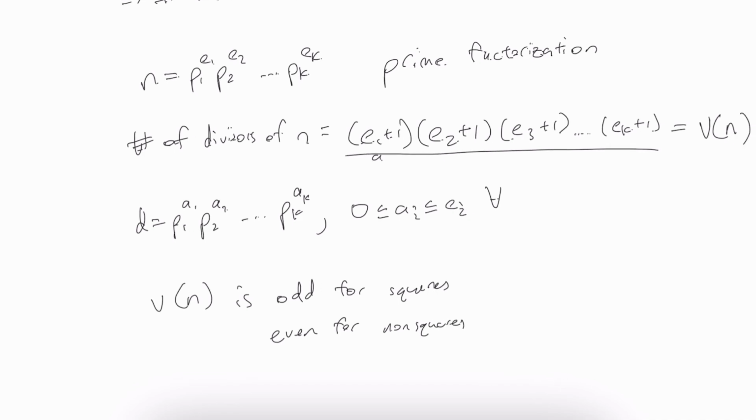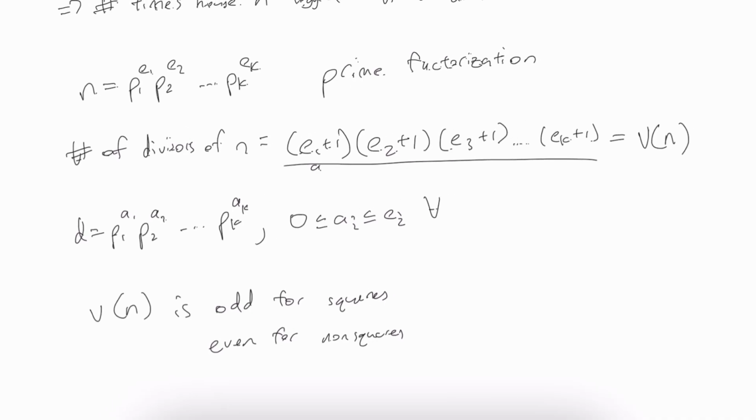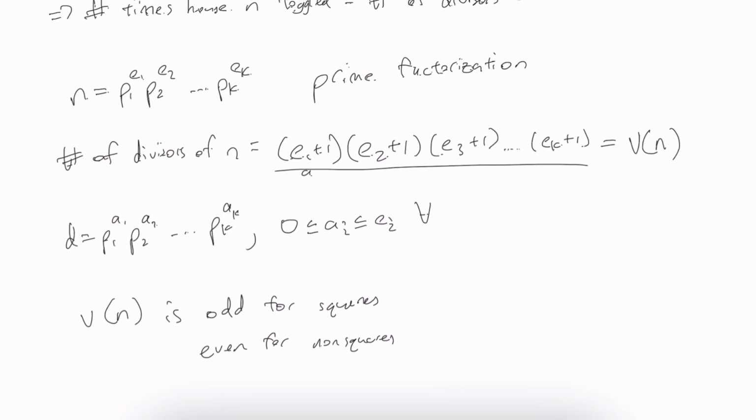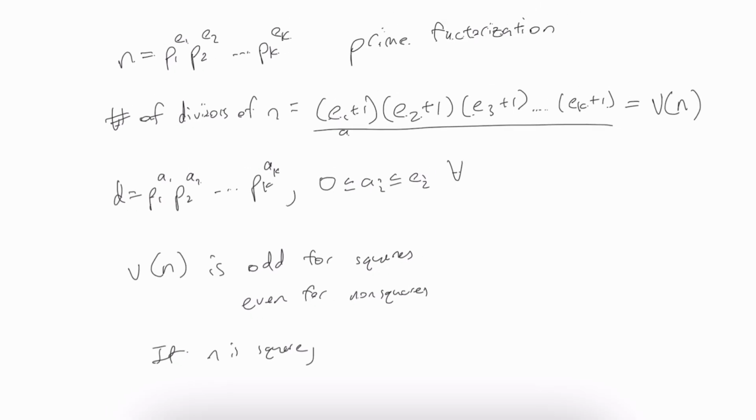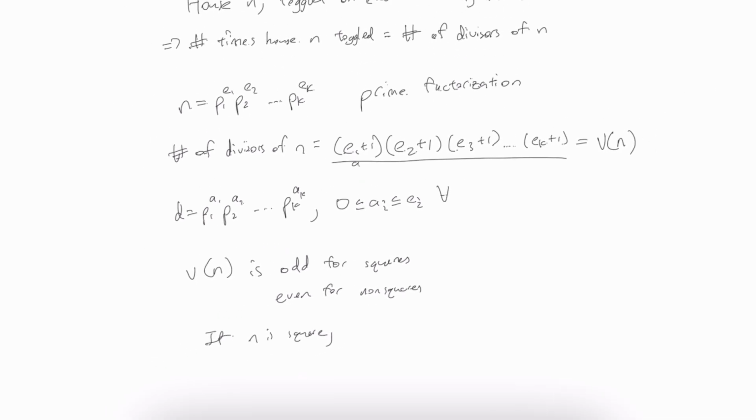And the idea is, if n is a perfect square, then in its prime factorization all of the powers are even. Then e1, e2, all the way to ek are even.